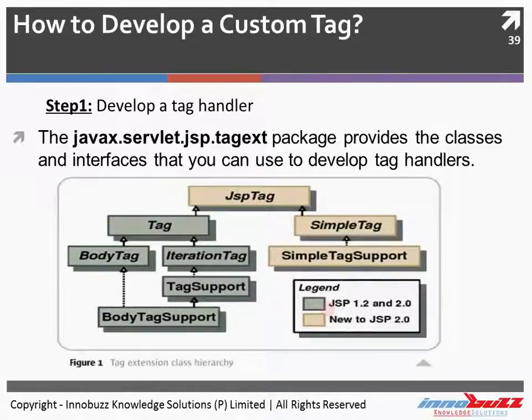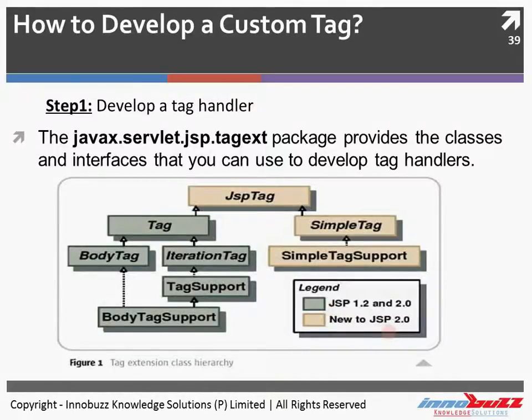This is the basic structure where you can see the JSP tag is topmost, followed by tag, and then there is a body tag and iteration tag. Iteration tag has again tag support. So tag support is further with body tag support.